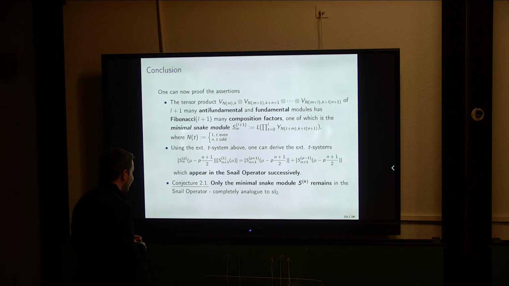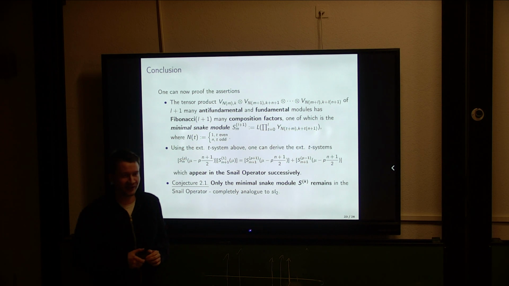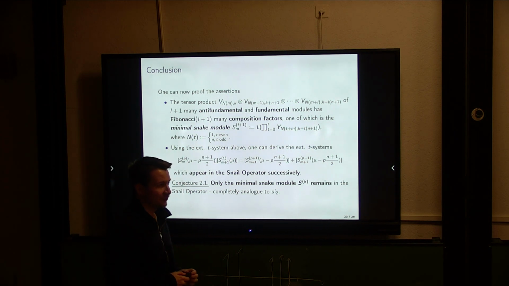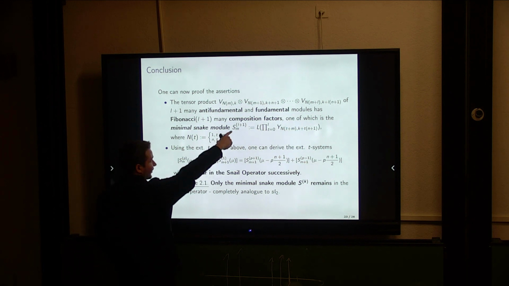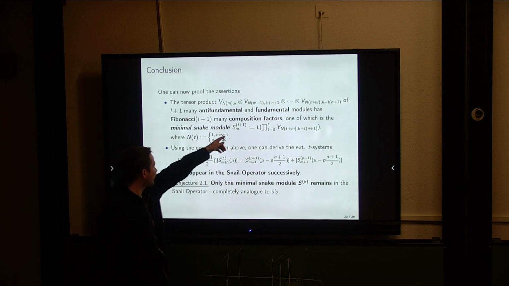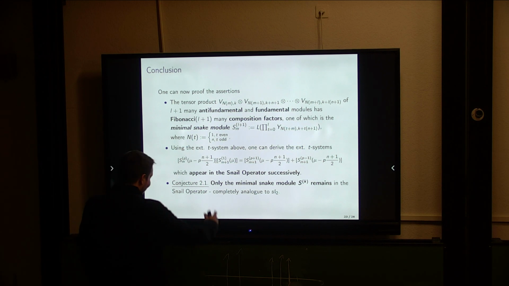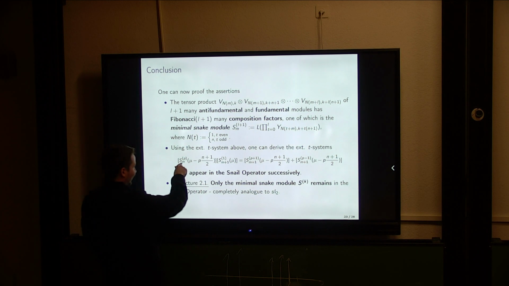So this is somehow what we would think of as a generalization of this Kirillov-Reshetikhin module WK, and we had this kind of funny relation for the WKs that appear in successive lines in the snail operator. And there's a complete analog with this S_{N+1}, this minimal snake in our snail. And I can prove the following relation, which looks like this.